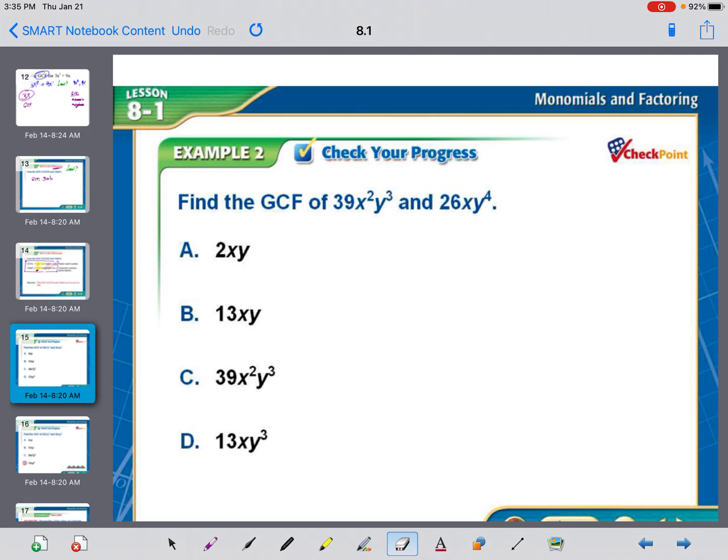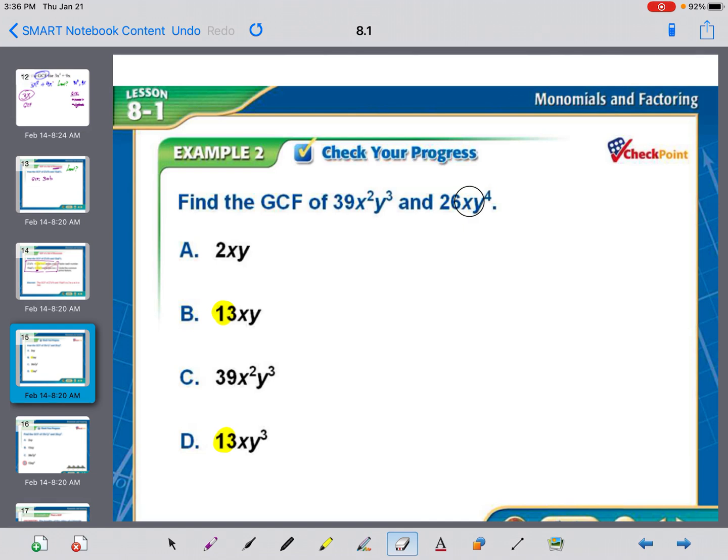So 39x squared y cubed and 26x y to the fourth. Greatest common factor. Biggest numbers are 39 and 26. We don't walk around every day thinking about 13, but that's the numeric answer. You just don't think about factors or multiples of 13 very often. But now that we've done that, because that's a bridge you would need to cross, we're going to look at the x's.